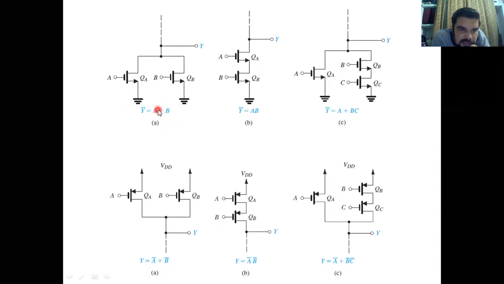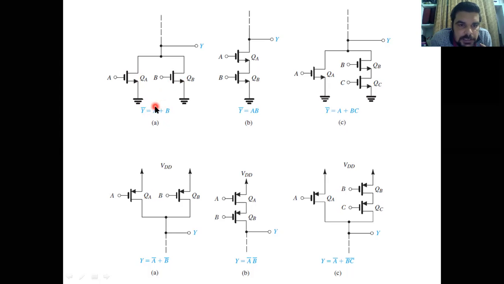The plus sign here indicates the NMOS transistors will be connected in parallel. So the plus sign means NMOS transistors will be connected in parallel. Two NMOS transistors will be used.